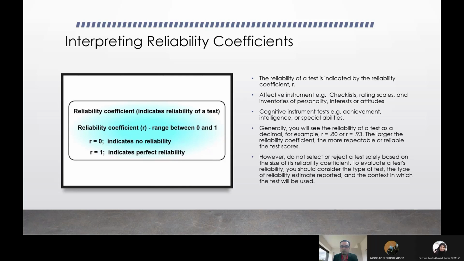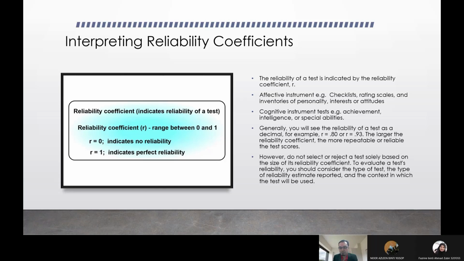So generally, you will see the reliability of a test as a decimal. For example, R equals 0.8 or R equals 0.9. So the larger the reliability coefficient, the more repeatable or reliable the test score. So let's say if we run the test and we get a result below 0.5, there must be something wrong with that particular instrument, which requires further improvement or amendment.